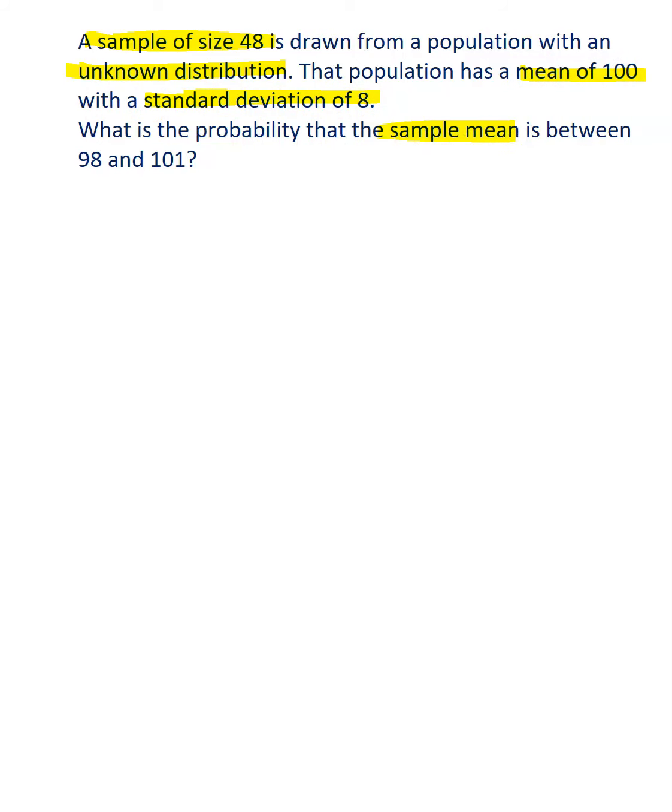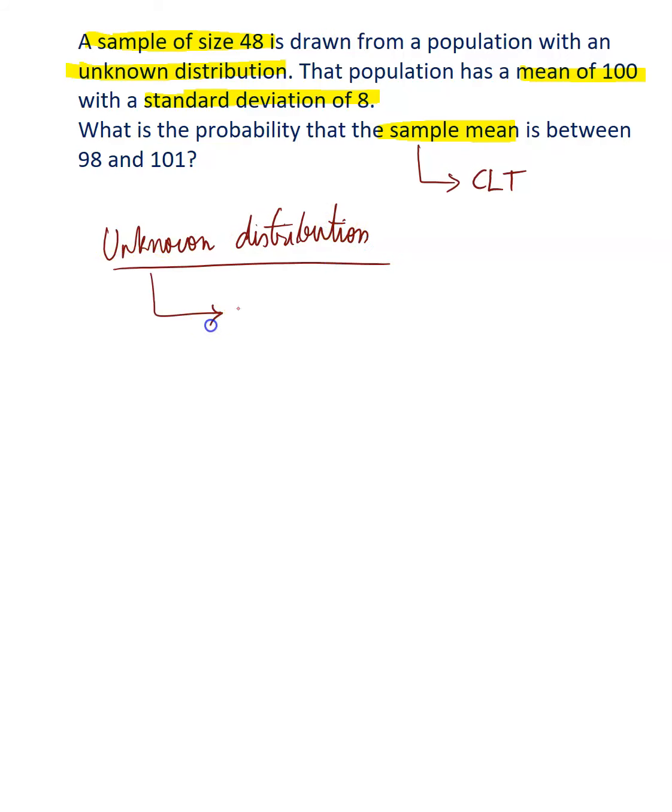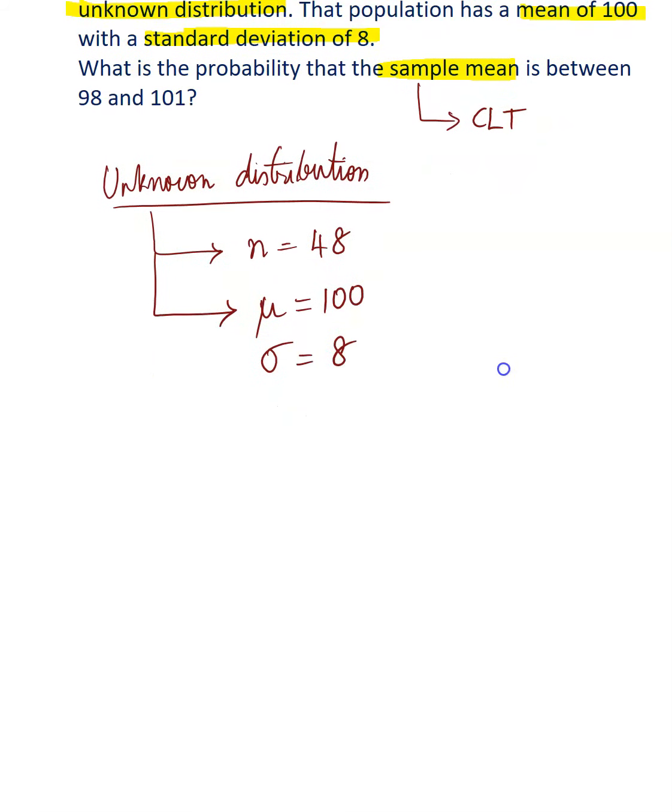So unknown distribution, n is 48, which is good. Mu is 100 and standard deviation is 8.